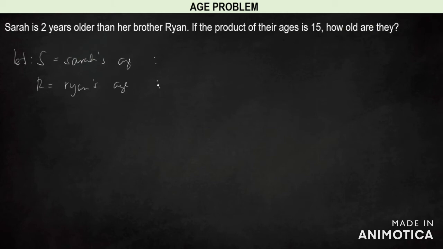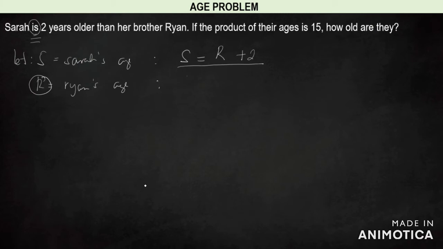Okay, in which we have Sarah is, pag sinabing meron tayong "is", that is equivalent to the symbol equality. Sarah is 2 years older, ibig sabihin 2 years older siya than her brother Ryan. Okay, so S is equal to R plus 2, then we have R. Okay, so ito yung mga variables na gagamitin natin.